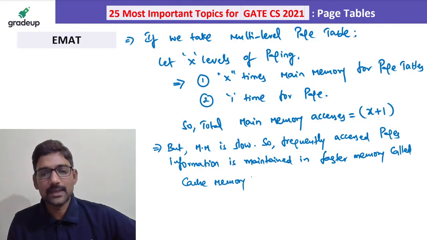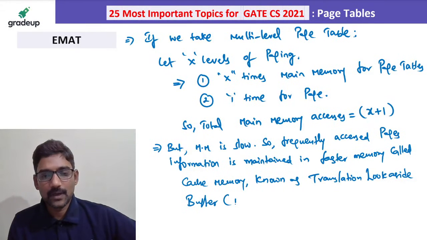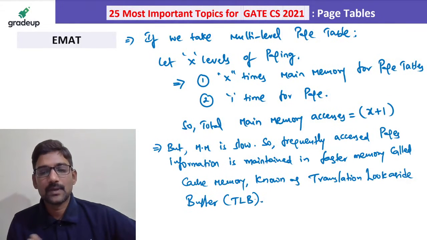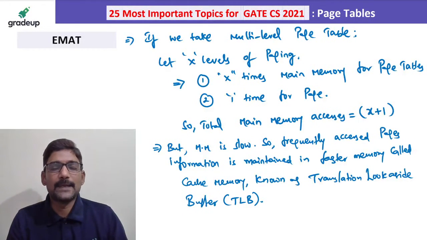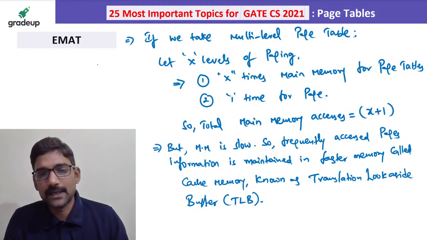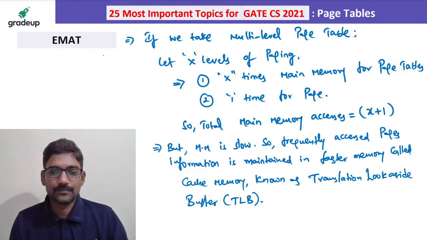This cache memory is known as translation lookaside buffer, TLB. So before we read main memory, first we verify whether the required page is in TLB or not.